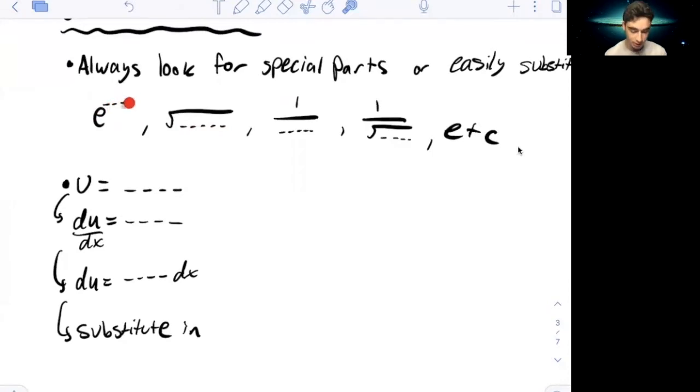So let's say up here it said x squared plus 1, your u would be x squared plus 1, and then you do the whole dance that you do with it. Alternatively, it would be in a radical sign, or in the denominator, or in the radical sign and a denominator, etc. So that's what I mean by special parts.